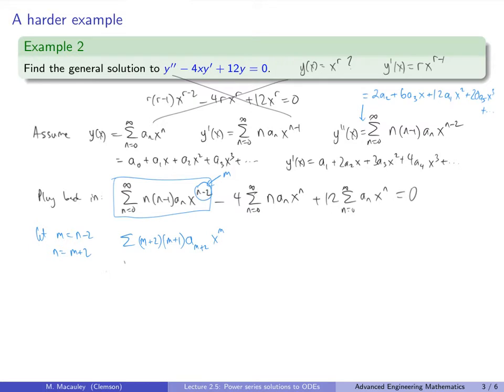And we're going from 0 to infinity, right? Well, technically, when n equals 0, m actually equals negative 2. So should we really go from negative 2 to infinity? No, we don't need to, because this second derivative thing starts at the 0th power. So why is that m equals negative 2 really there?